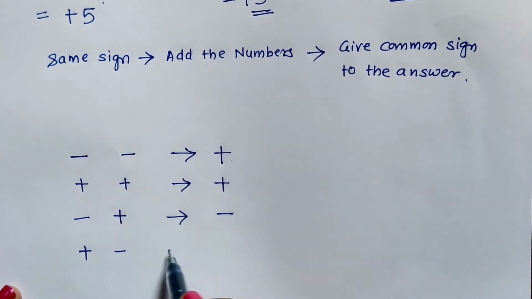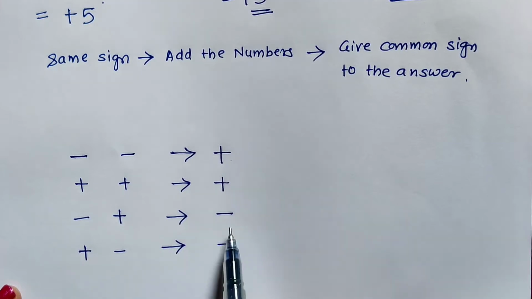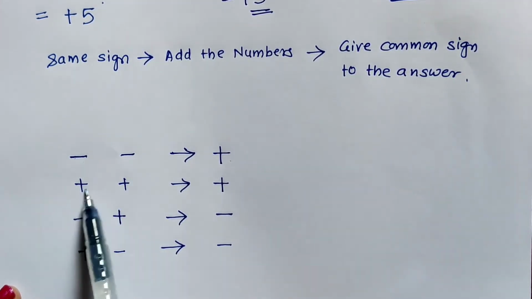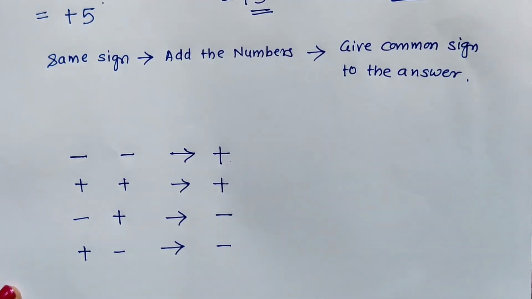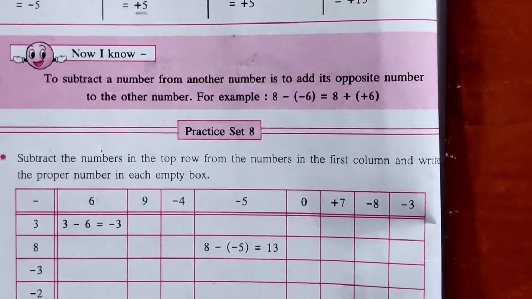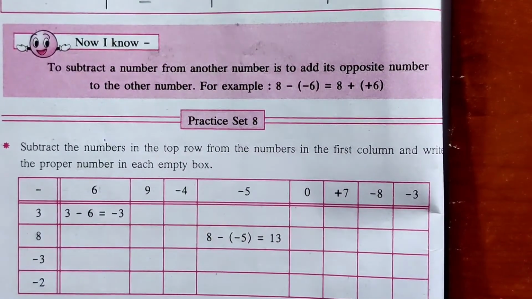Plus minus, combine the sign and it becomes minus. That means different sign, combined single sign will become minus. And when same signs are there, the combined sign will become plus. In this way you have to remember. So it will become very easy to solve the questions from practice set 8.